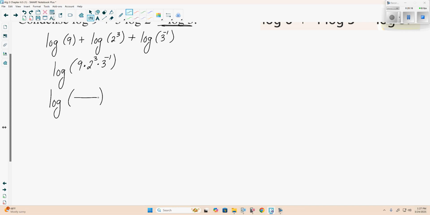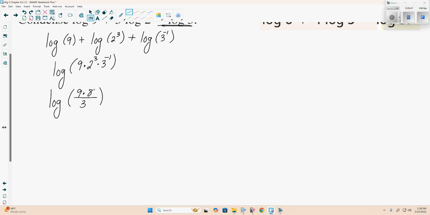Especially with variables or any of these here, that 3 to the negative first power, we can't just leave it to the negative first. The way we fix that is we take it from the top of the fraction to the bottom, or the bottom of the fraction to the top. So 3 to the negative 1, we'd move it to the bottom to give us 3 to the first. On top we have 9 times, well, 2 to the third. We can simplify that.